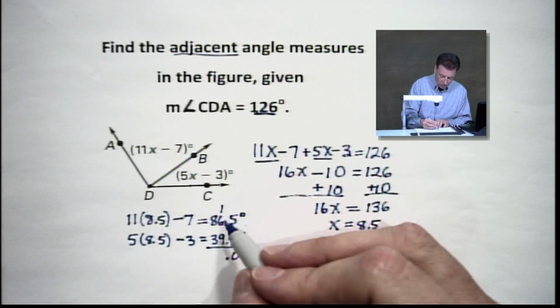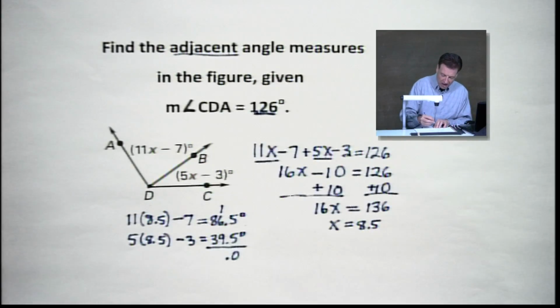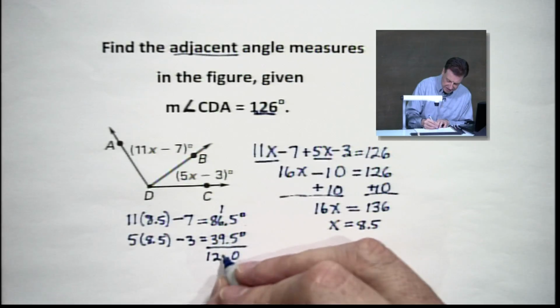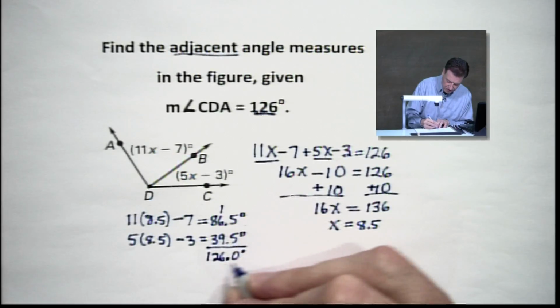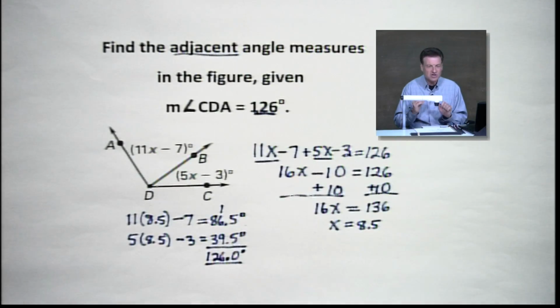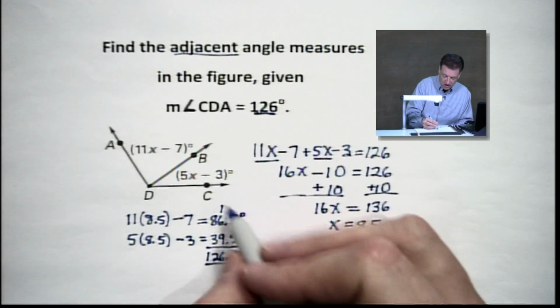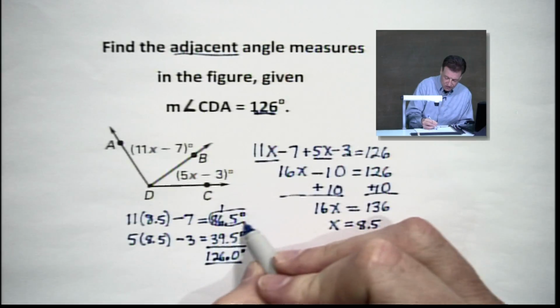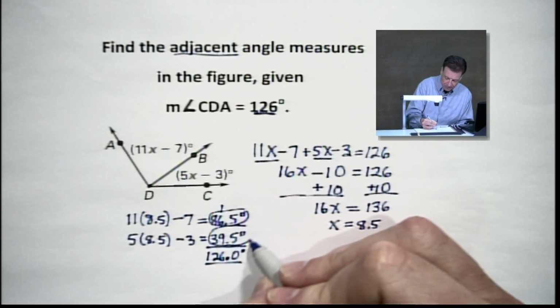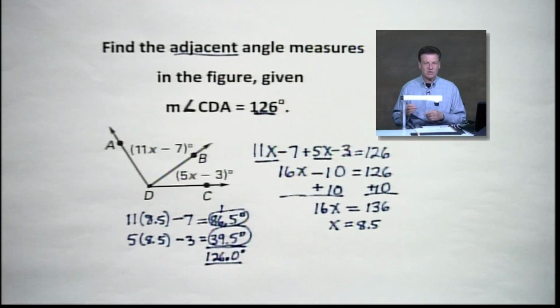And that means we're going to bring a 1 over here. Those of you following along with me at home, I see 126 degrees, 126. So it does check out. It does work out nicely. And again, the question asks, what are the angle measures? There they are. That is your answer first part. That's your answer second part. We check, they do add up to 126, and all's well.